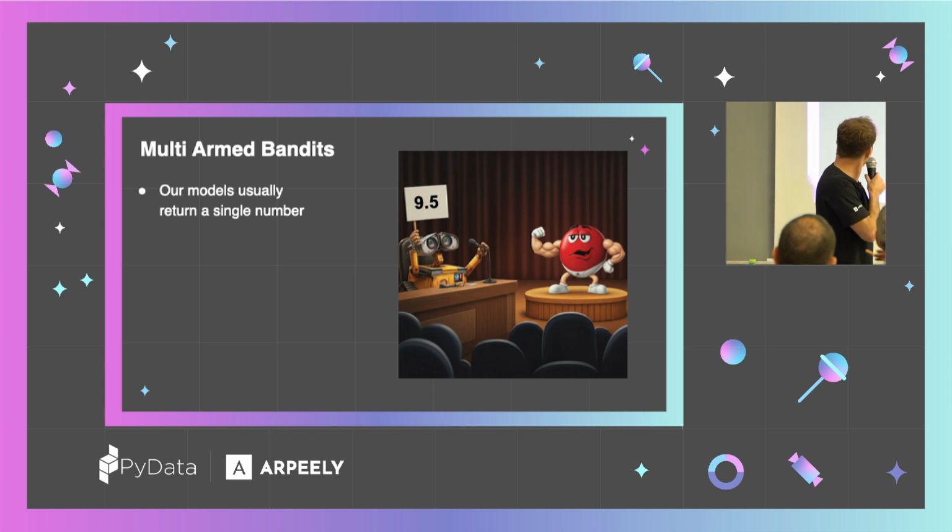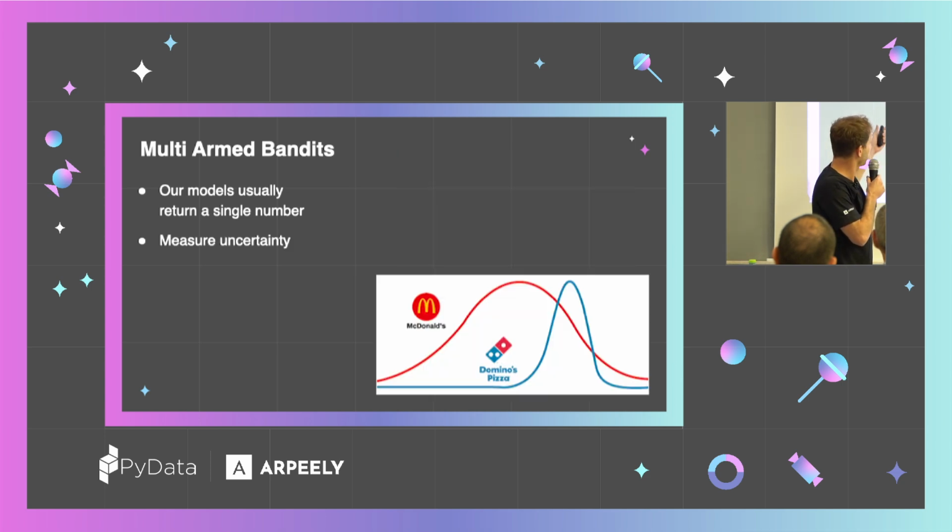So instead, we're going to go to models that give us back uncertainty. So in this example, let's pretend that I went once to McDonald's and it was because for some reason I had a salad there. And I went to Domino's a lot of times, so I'm a little more sure, right? The probability distribution is a little more tight, right?